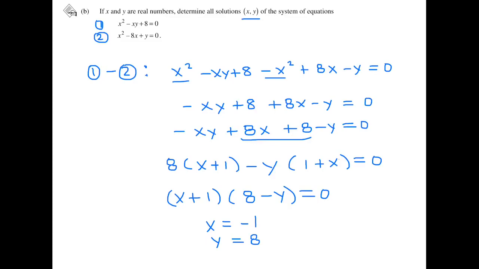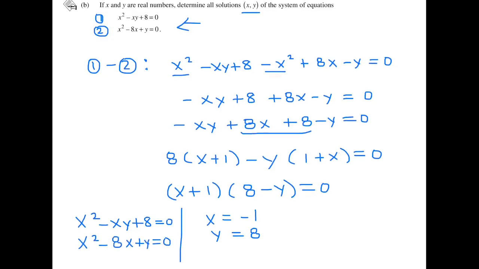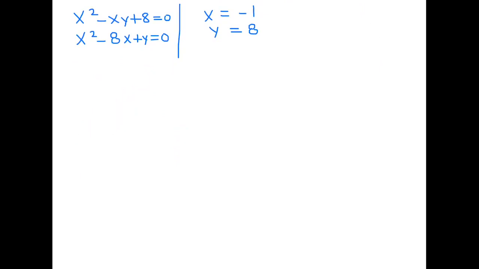Now, to find the solutions of the system, we have to plug each of these back into these formulas. So our formulas are x squared minus xy plus 8 is 0, and x squared minus 8x plus y is equal to 0. So let's first work with x equals -1. Plug that into either of these and you get -1 squared minus -1y plus 8 is equal to 0.